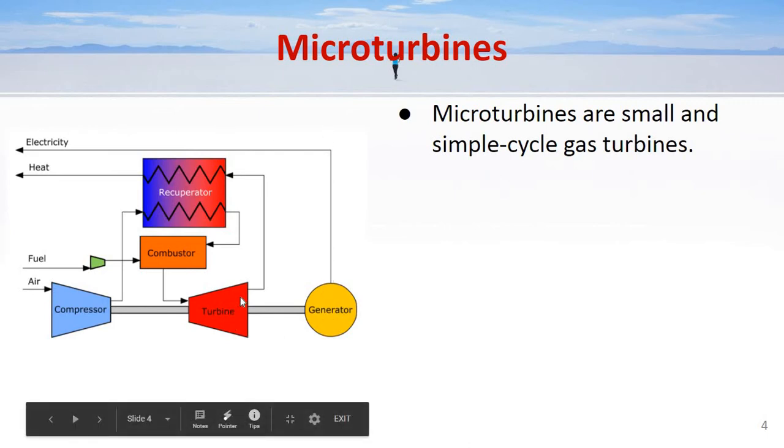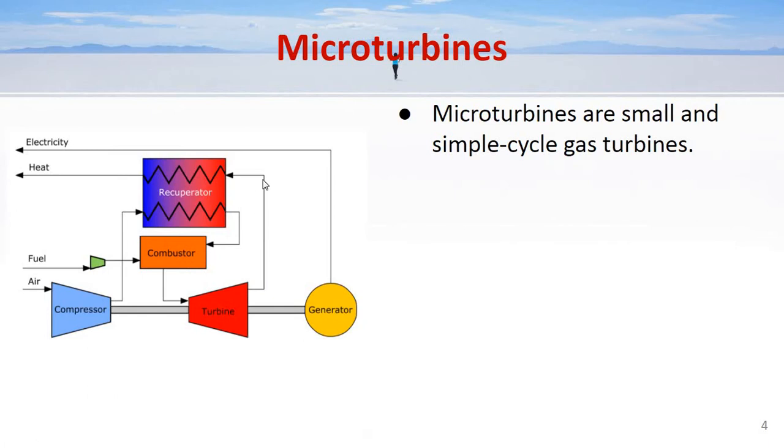The turbine outlet hot air goes to the recuperator, and this heat energy can be partly used for heating the inlet air, and the remaining goes as waste heat.